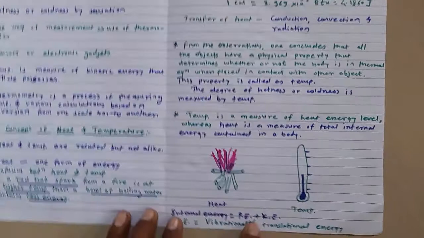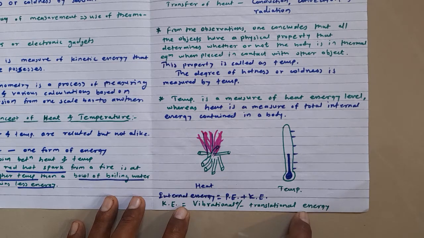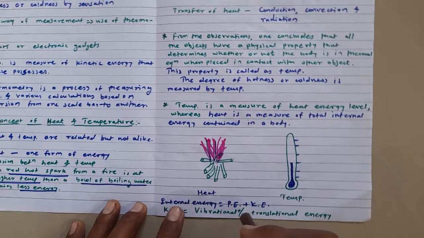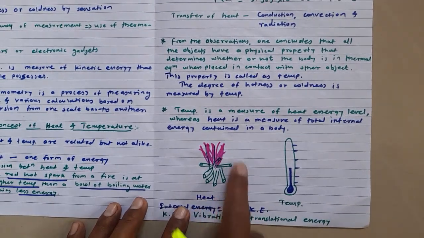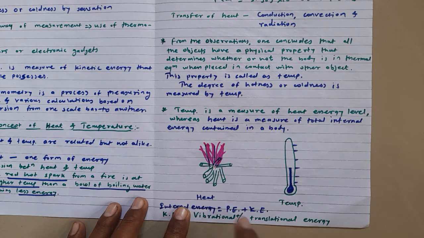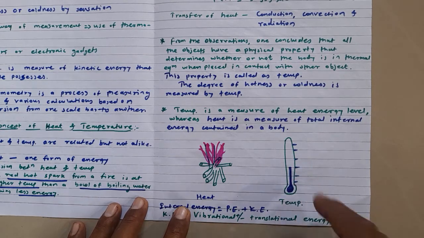Internal energy is made up of potential energy as well as kinetic energy, whereas the kinetic energy may be made up of vibrational or translational energy, or both mixed together. So here we can understand what is meant by heat, right? Burning some kind of solid waste or wood, this is the heat, and the temperature is nothing but the measurement of this.